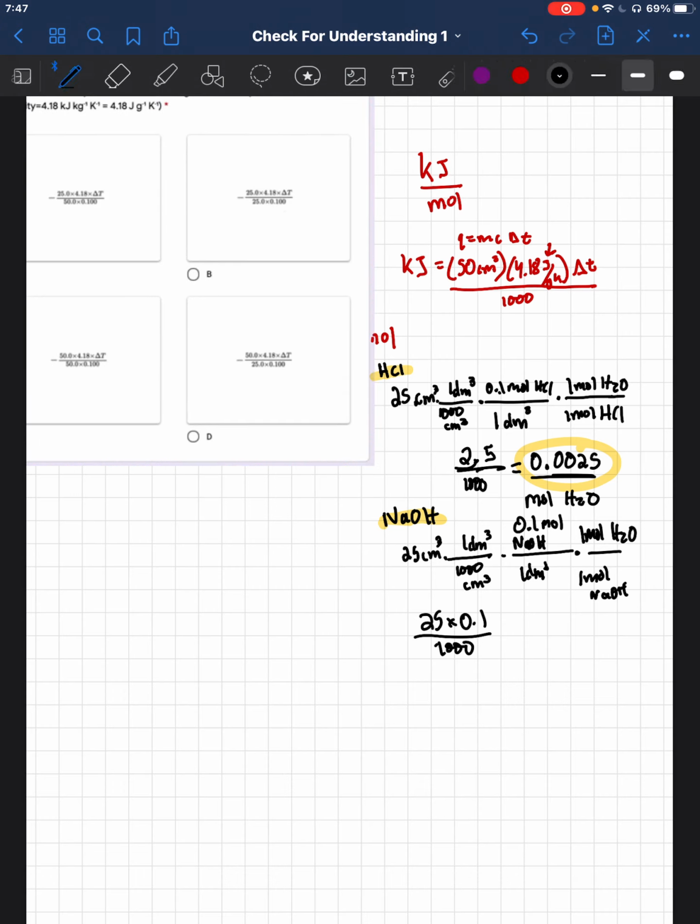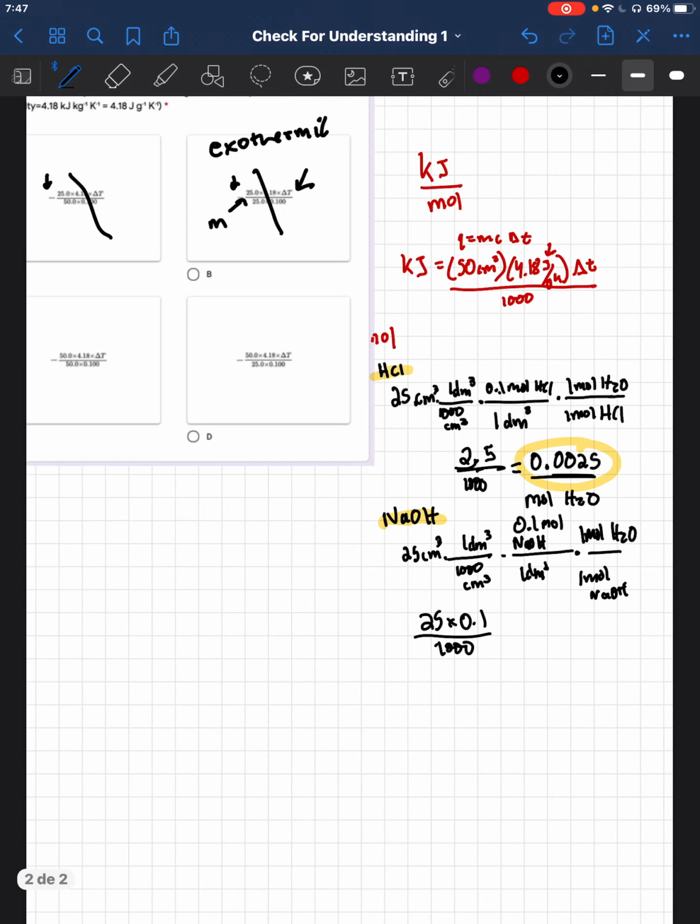All right, so I'm taking a look at my equations. I see negative signs. That's because exothermic, all of them are negative. Great. And I see in the top they did the Q equals mc delta T math. Can immediately cross these out because they use 25 cubic centimeters for mass. We know with neutralization that that's not correct.